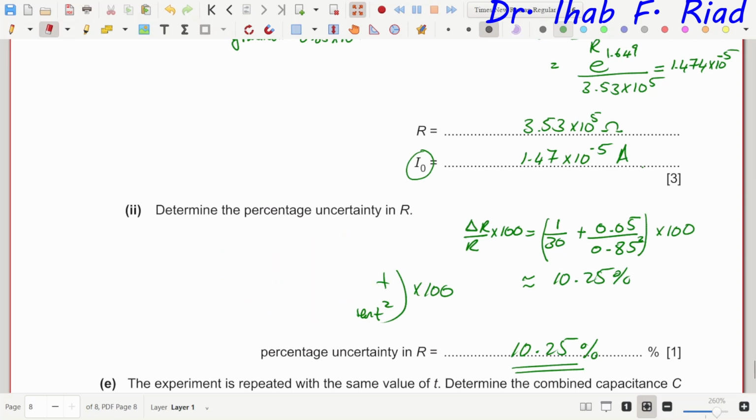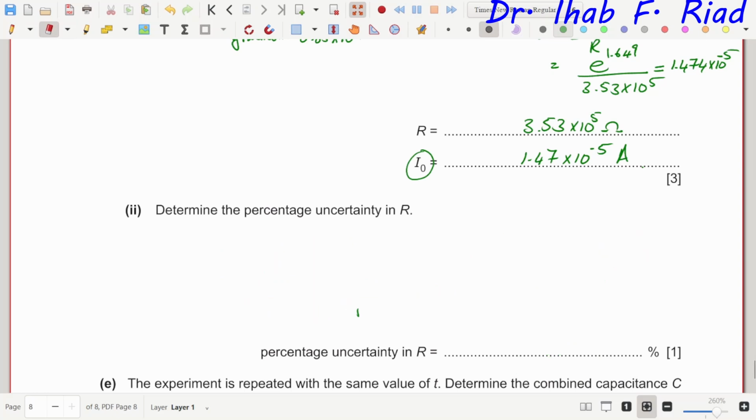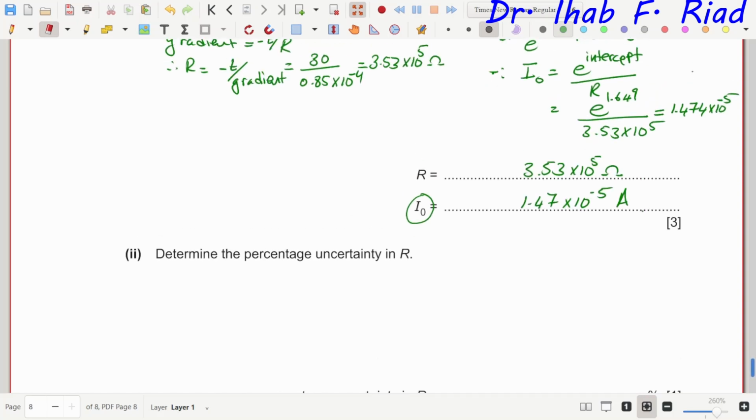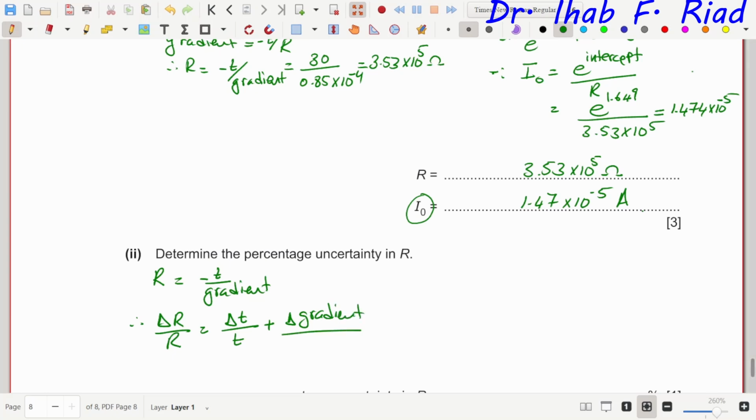Now we are being asked to determine the percentage uncertainty in R. So what is R? R is equal to minus T divided by the gradient. Then we know that delta R over R is equal to delta T divided by T plus delta gradient divided by gradient.